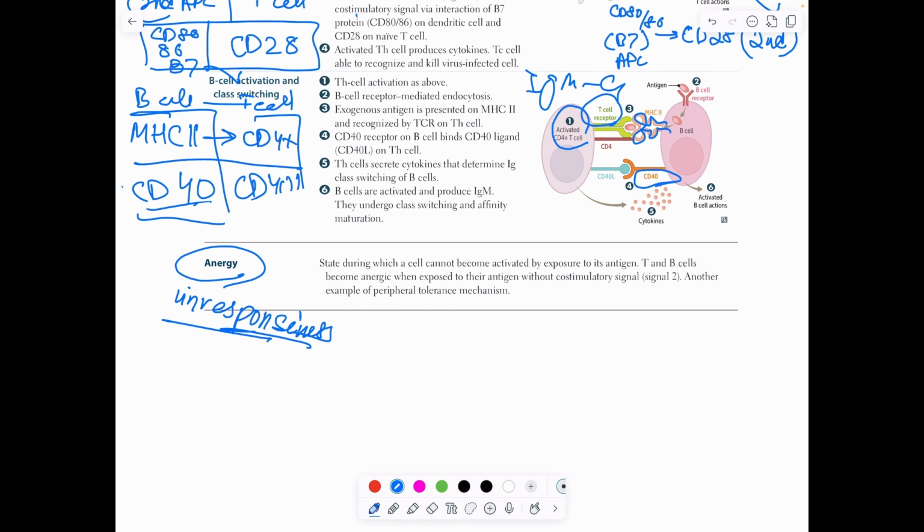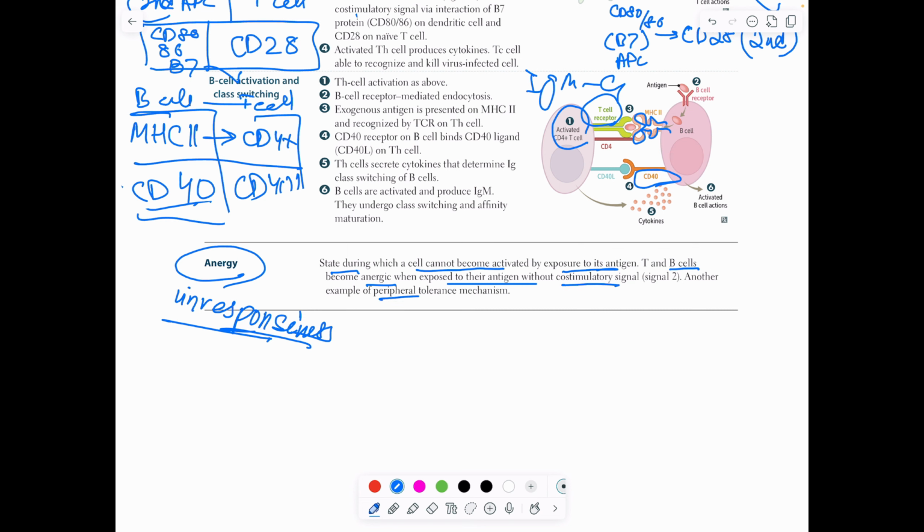So this state of unresponsiveness is a mechanism of peripheral tolerance, preventing excessive or inappropriate immune response. It is a state during which a cell can't become activated by exposure to its antigen. The B and T cells become anergic when exposed to their antigen without co-stimulatory signals.